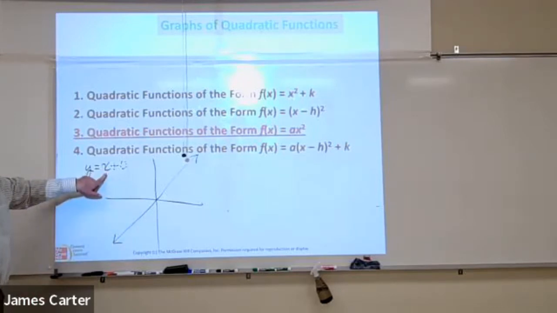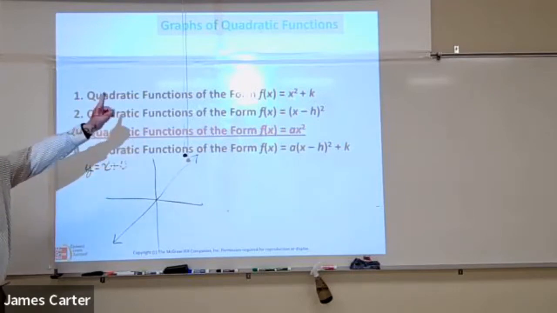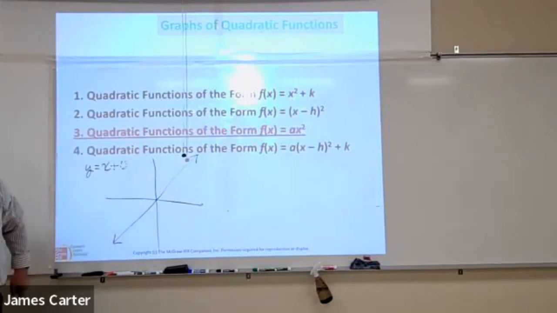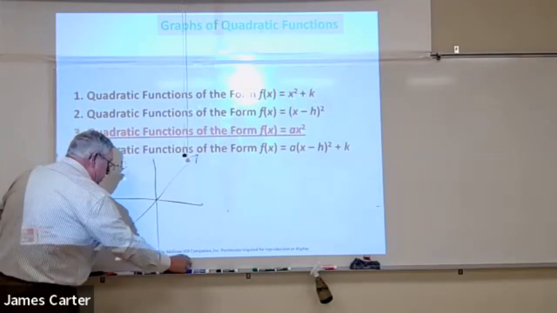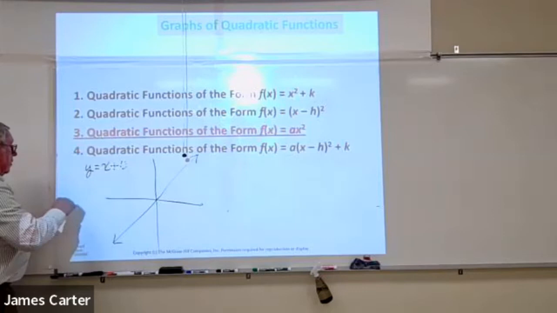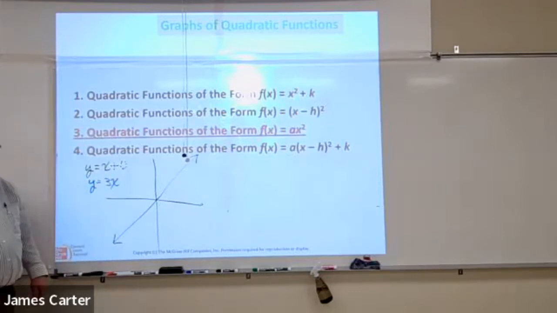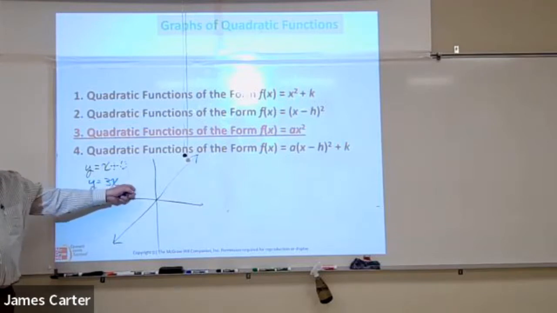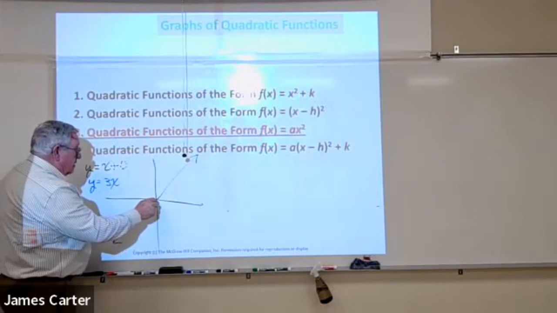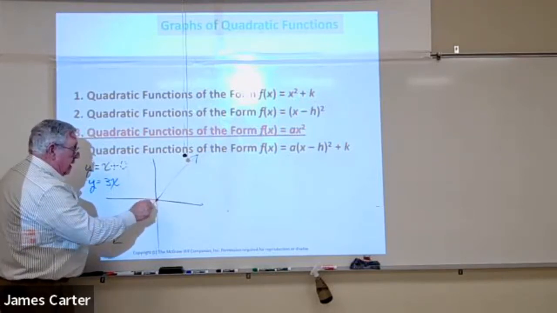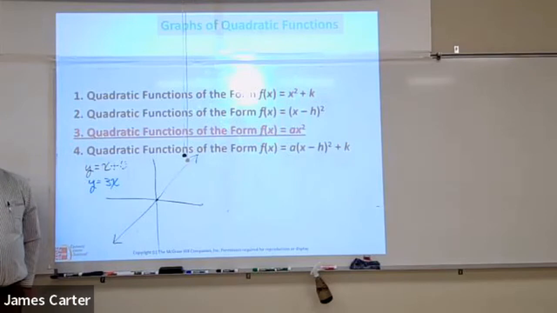Slope is 1 over 1, up 1 over 1, up 1 over 1, up 1 over, down 1 over 1, down 1 over. Okay. What if we had three x? Now, because there's no b out here, no number, that means the y-intercept is still at 0.